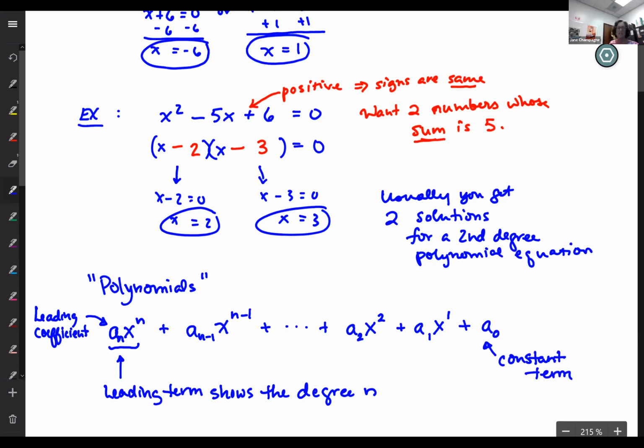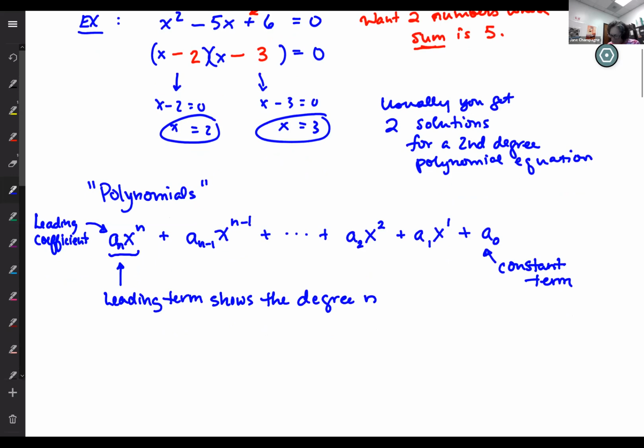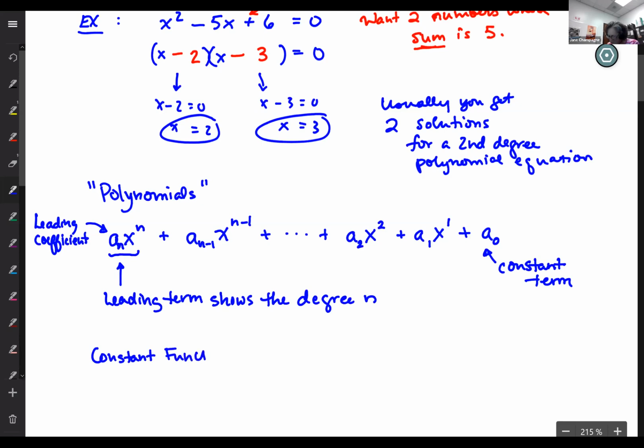But basically, it's just a sum of powers of x with numbers in front of them. The one with the highest power, typically we write first. That gives you the degree. And then if there's a constant term, that goes last. We typically put them in descending order of power. So a constant function is actually a 0 degree polynomial.